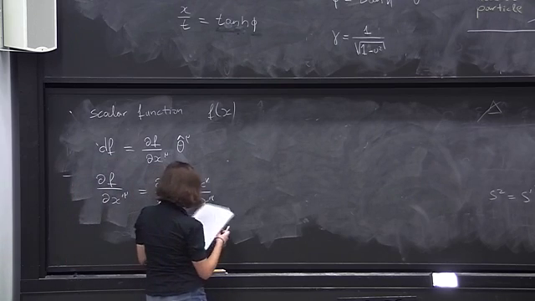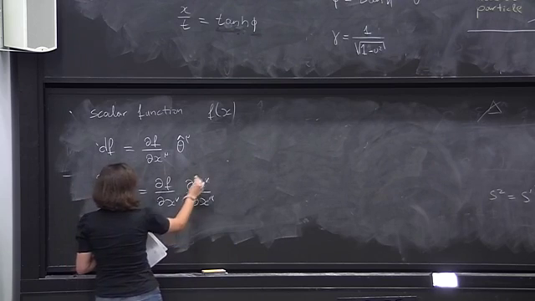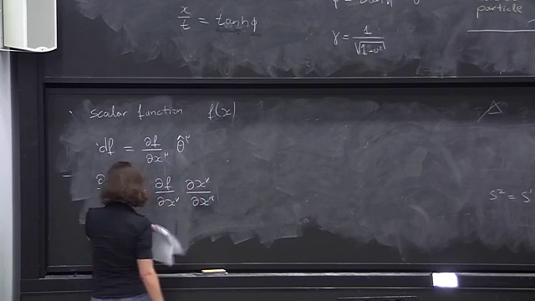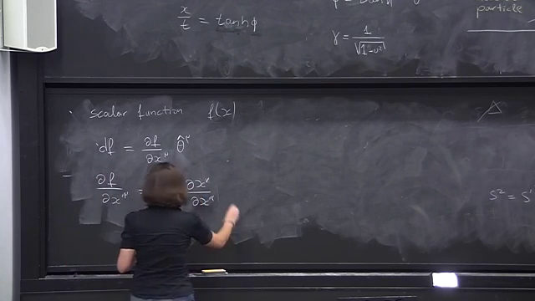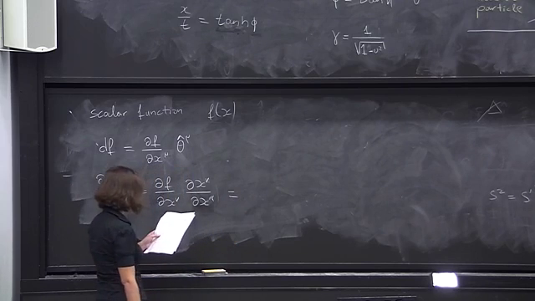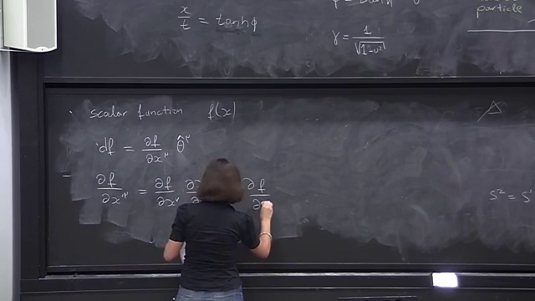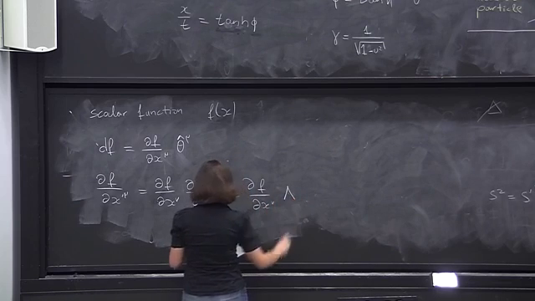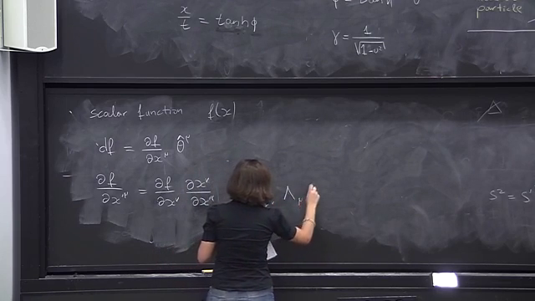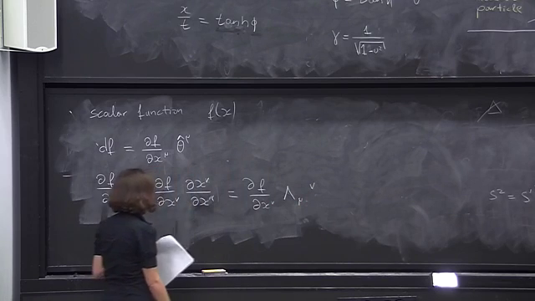Now, how much is this? Well, I don't have time to do it now, but you can easily check that this is just df/dx^mu times lambda, with indices mu nu.